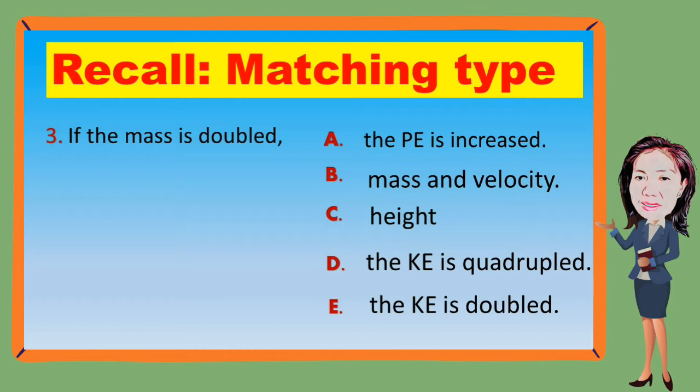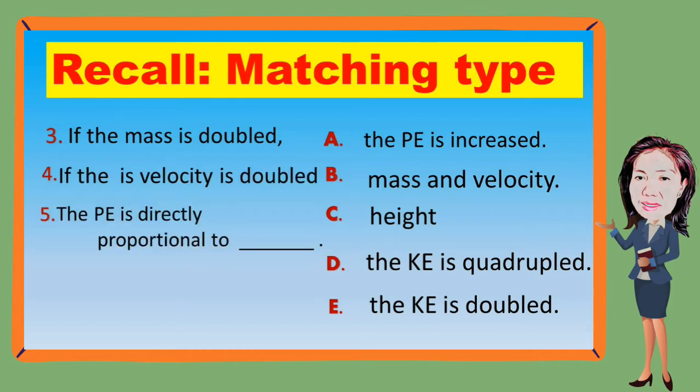The kinetic energy is doubled. So letter E is the answer for number 3. How about number 4? If the velocity is doubled, what's the next sentence or statement for this? Letter D, the kinetic energy is quadrupled.